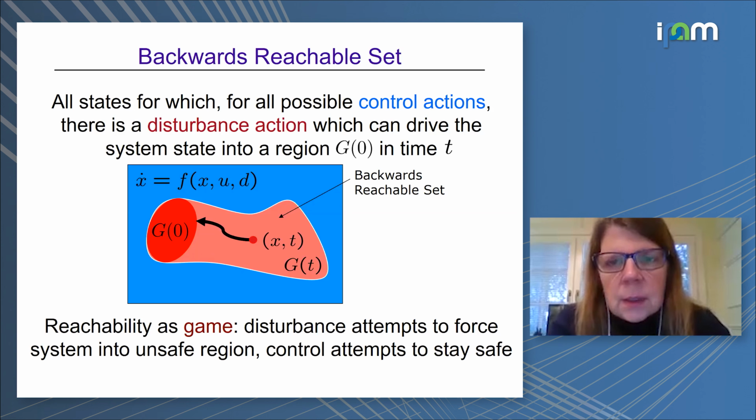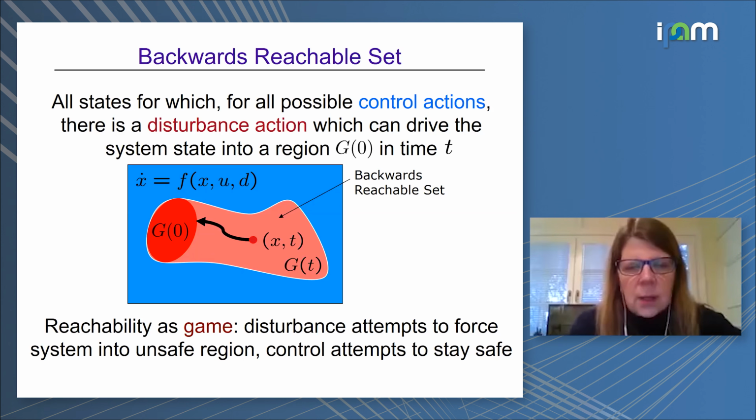A reachable set is quite an intuitive concept, I believe, and I've illustrated it here in this stylistic picture, where you have a control system, a differential equation with a state x in R^n, in this case on the slide it looks like R^2, a control input u, which is a signal in general in R^m, and a disturbance d, which is in R^p.